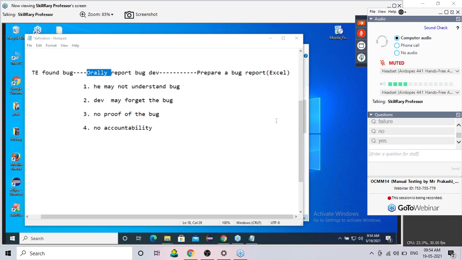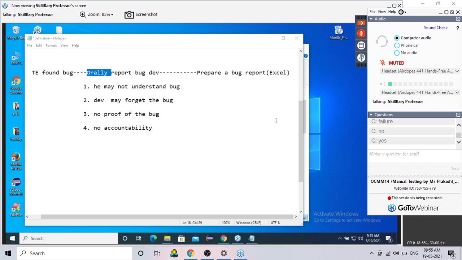Oh, good. Ganesh is giving the answer also. Hence, whenever the test engineer finds the bug, we should always prepare an in-detail bug report and send it to the developers.